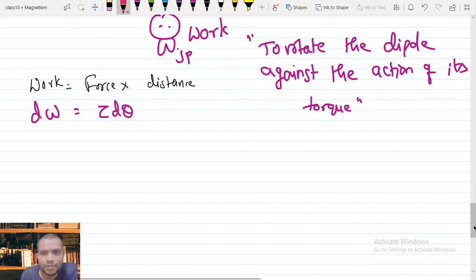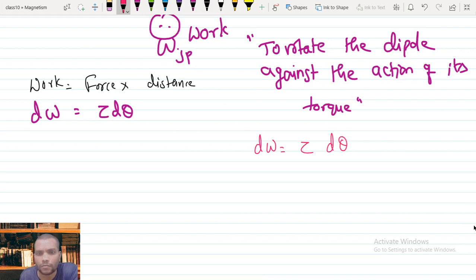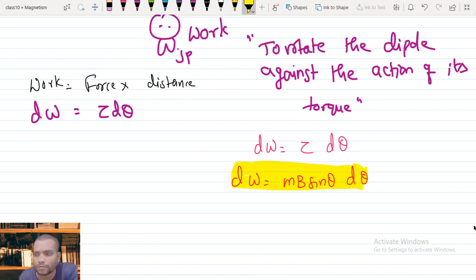The expression for work here is dW equal to tau times d theta. We know the torque expression, tau equal to mB sin theta, times d theta. So this is the small amount of work which I am doing against the torque.